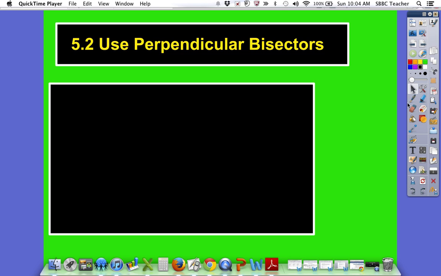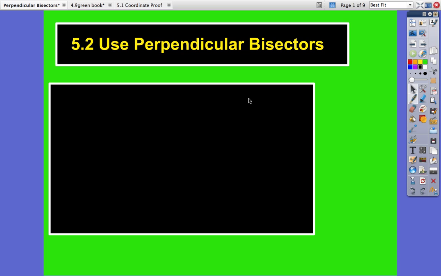Okay, up to now we've learned what a midpoint is. If you recall, if you have a segment, let's call this segment AB, a midpoint bisects this segment.